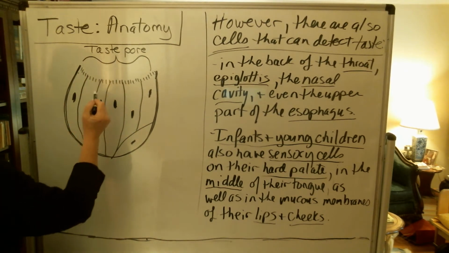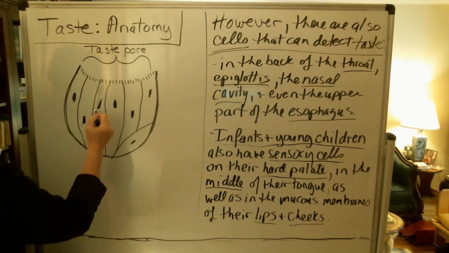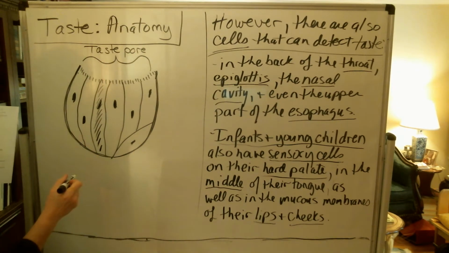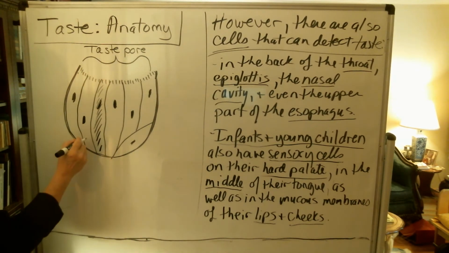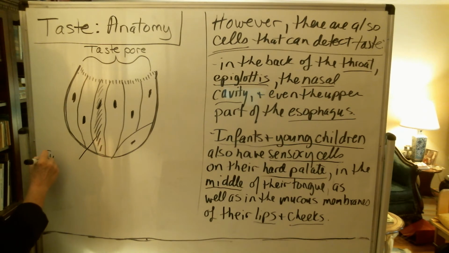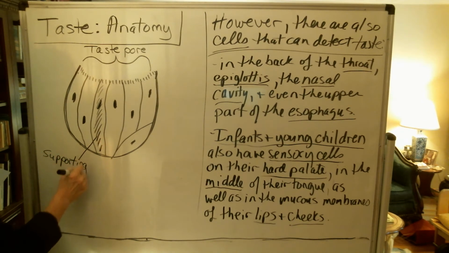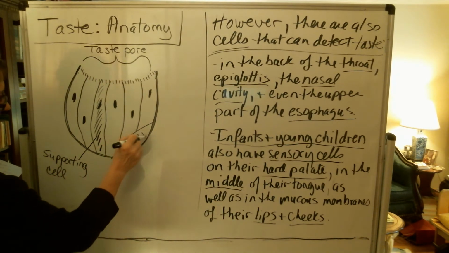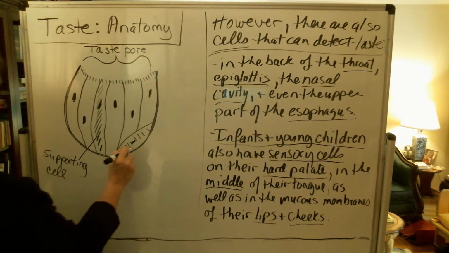Now some of the cells here I'm just going to mark off as being slightly different. This is a supporting cell. And down here, this is what is called a basal cell.